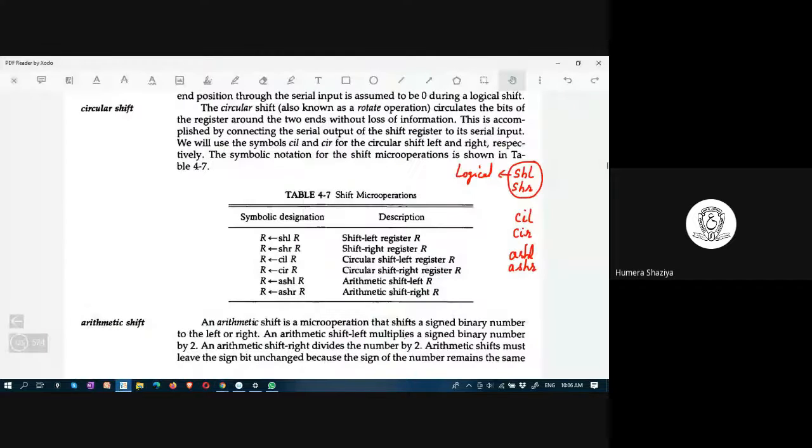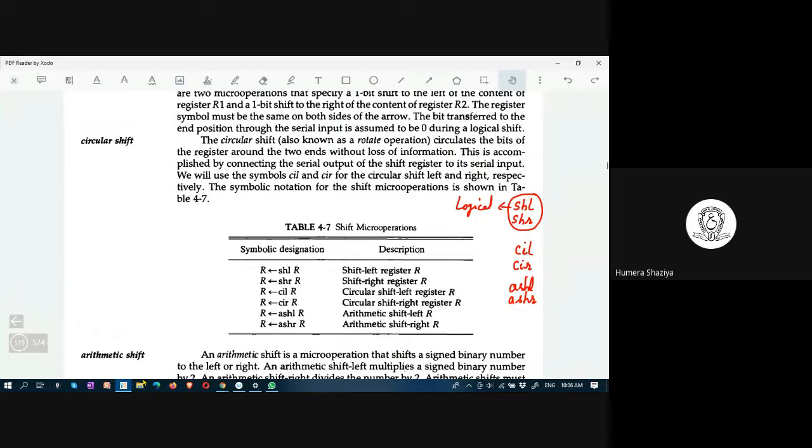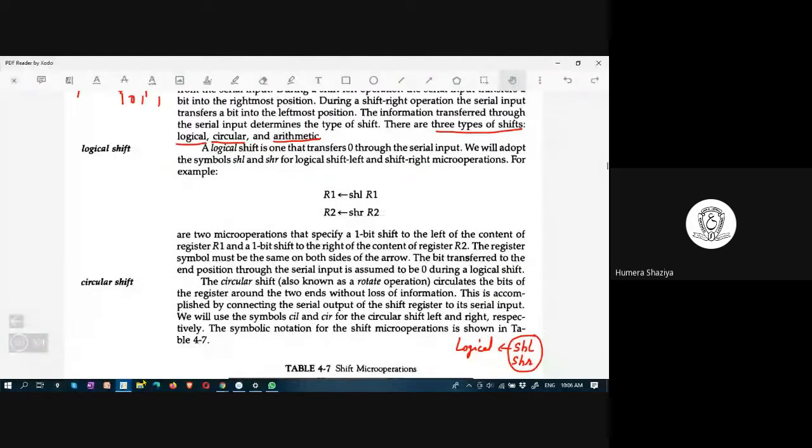So these three types of shift operations can be done in a computer system, and let us look at each one of them. A logical shift is one that transfers zero through serial input, and the symbols SHL and SHR denote logical shift left and logical shift right.